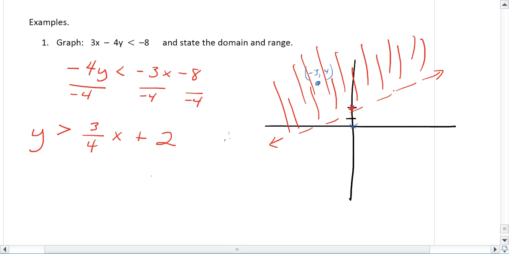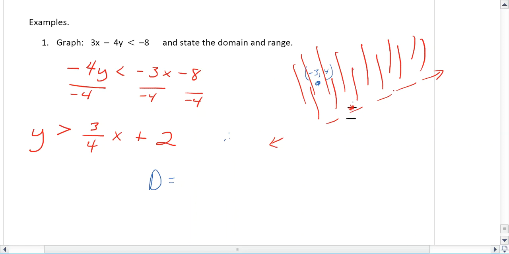And now we are asked to find the domain and range. So for the domain, our eye is looking sideways. We're looking back and forth, and pretend like the shaded region does keep on going forever. If it goes on forever in this direction, it's all shaded, going on forever both ways, so the domain has no limits, so it's all real numbers.